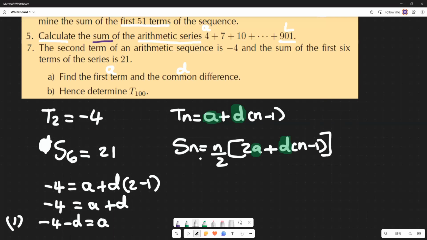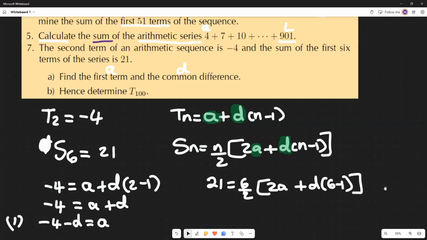Now let's create equation 2. I know that Sn is 21. We're adding 6 terms, so n is 6. So 2 times a, I don't know what a or d is, but I know that n is 6 minus 1.